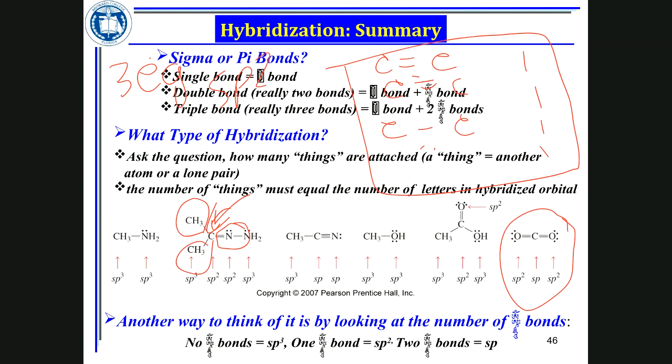What makes this carbon sp? You have only 2 electron domains here. One is a triple bond, which counts as 1, and one is a single bond, which counts as 1. For 2 electron domains, it is going to be sp.